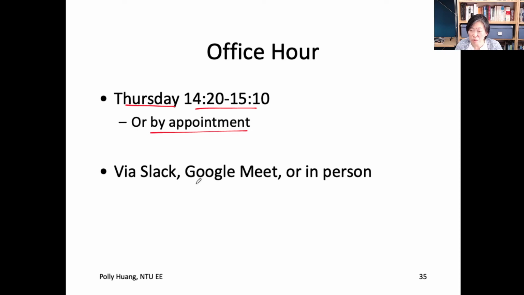Try to be a good peer, in place of the instructor. Polly is just another peer. Through Slack, Google Meet, or in person, either will be fine. In person is coming to the office. With Google Meet, in case you feel like having a conversation with Polly, Polly can set up a Google Meet so that you get to see Polly and we can talk face to face, virtually.